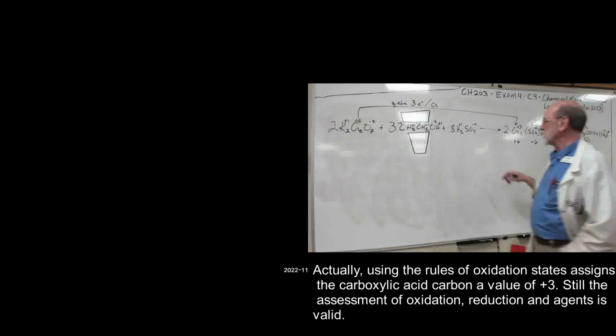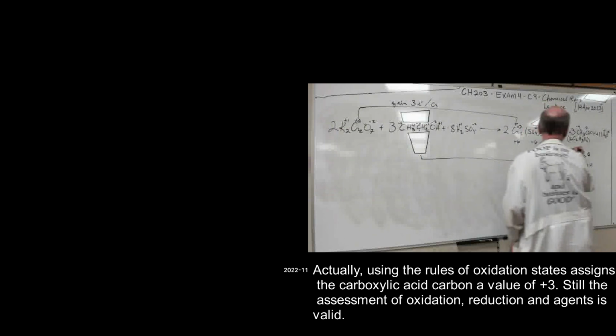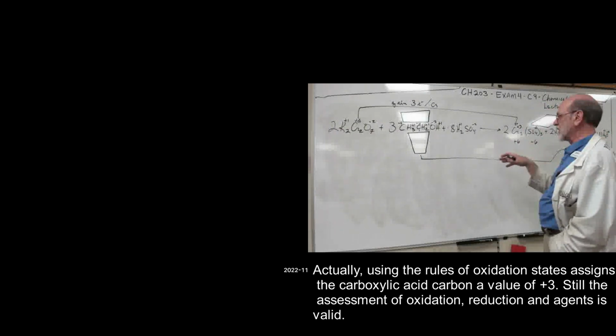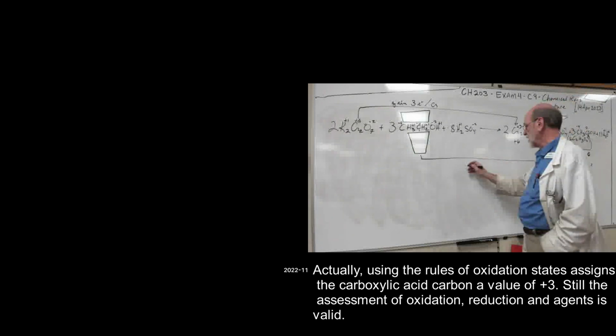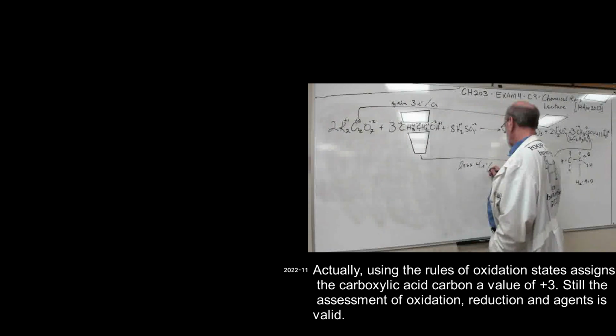So this carbon is 0. And that means this carbon right here went from -4 to 0, which is a loss of 4 electrons per carbon.